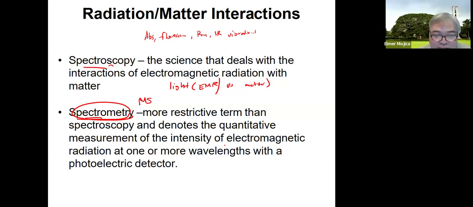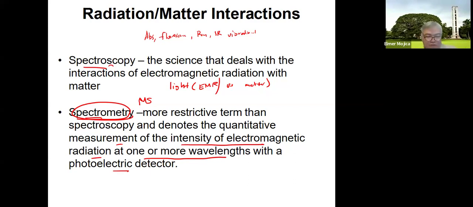The quantitative measurement of the intensity of the electromagnetic radiation at one or more wavelengths with a photoelectric detector. So we could say it's just the measurement of the intensity of radiation with a photoelectric transducer or other types of electronic device. Okay? So yan yung difference ng dalawa.